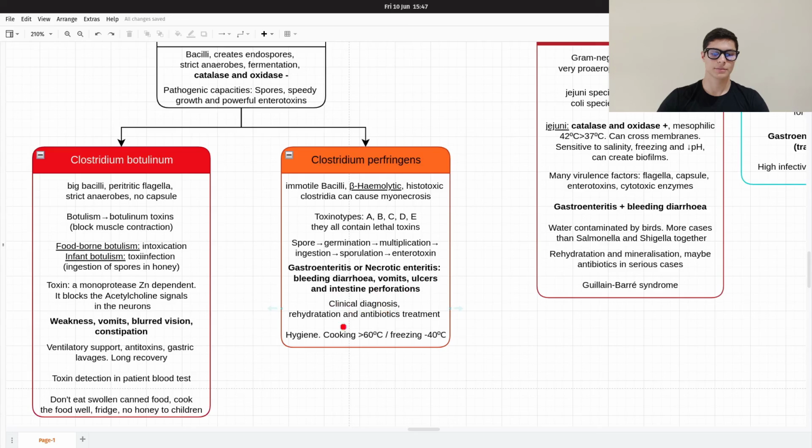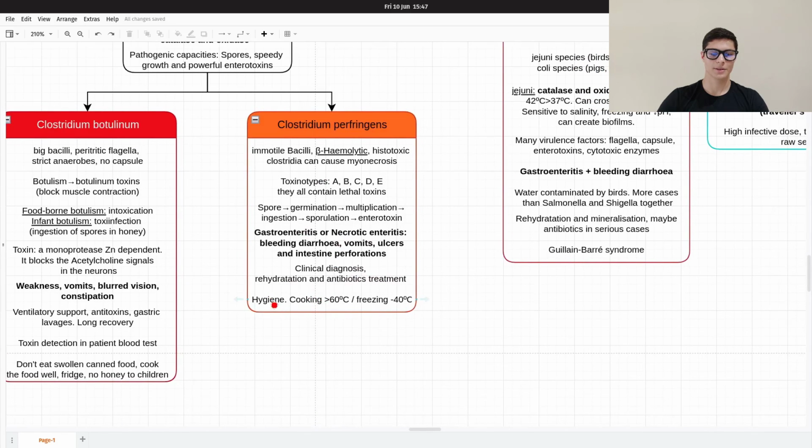Clinical diagnosis, hydration and antibiotics as a treatment. This is very, very, very dangerous. I didn't want to put a picture in here because it's very unpleasant. And the prophylaxis, hygiene, cooking at more than 60 degrees Celsius and freezing at minus 40.